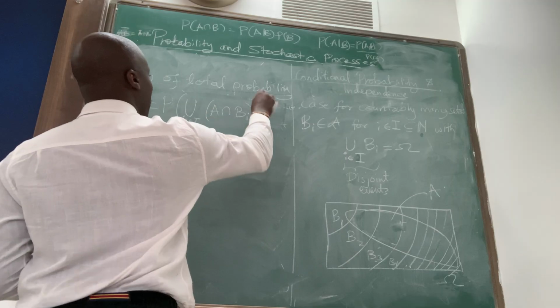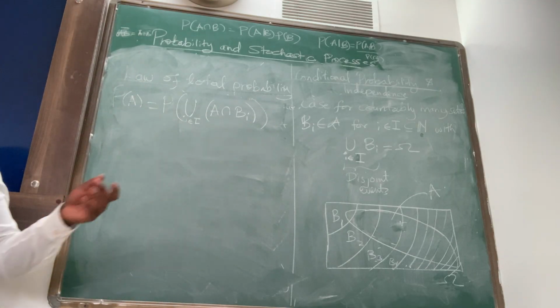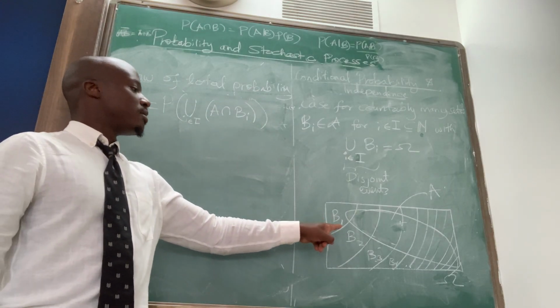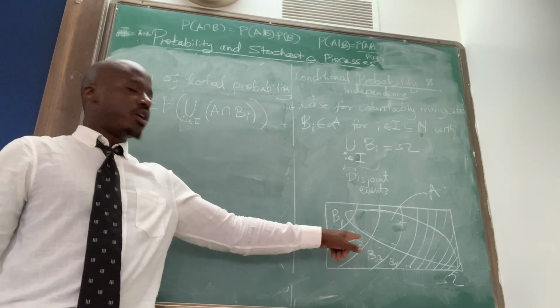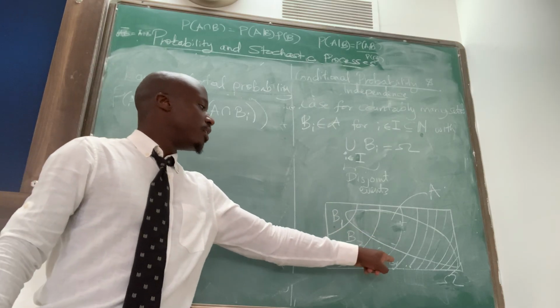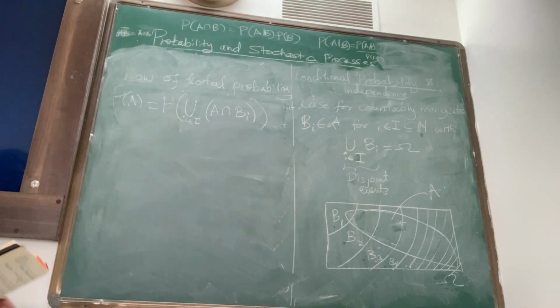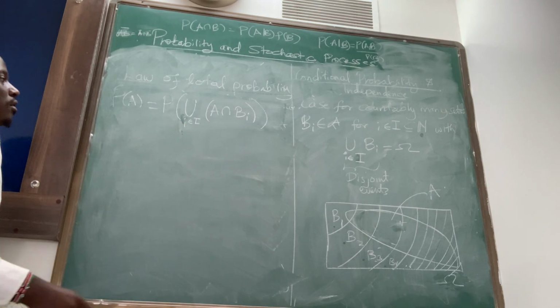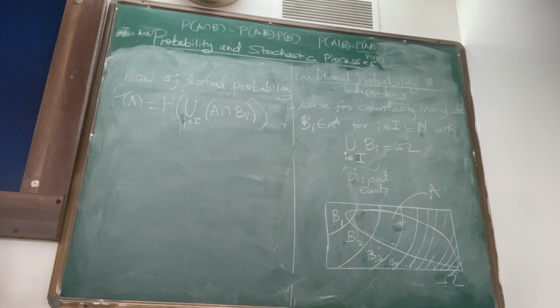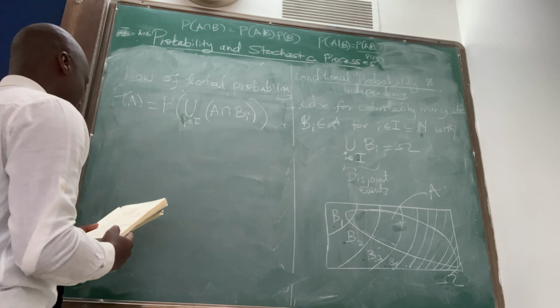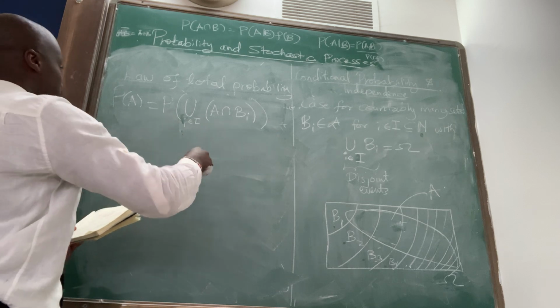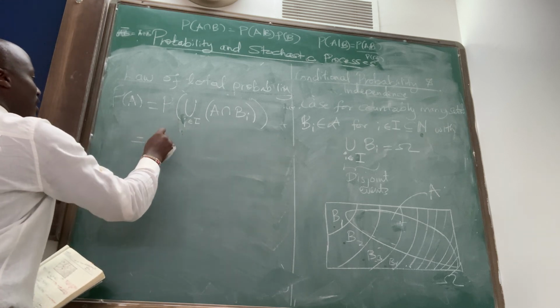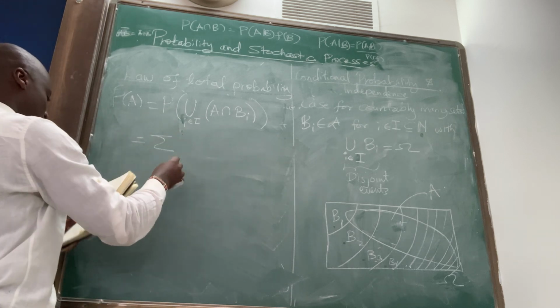So it's A intersection B1, union A intersection B2, union A intersection B3, union A intersection B4. That's what we mean here. These are disjoint unions, so additivity can apply, and you can do the sum.